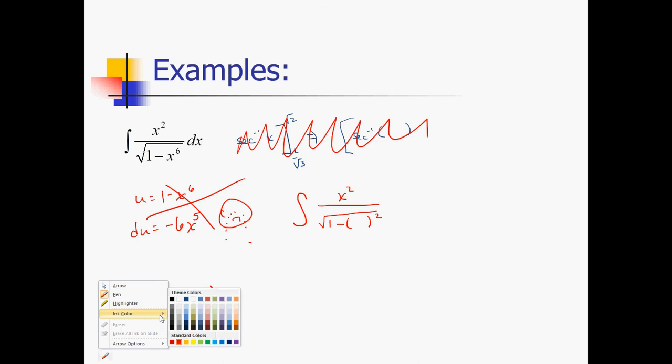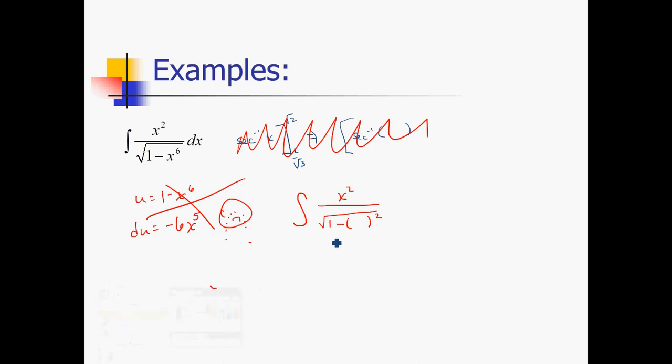Inverse sine is the square root of 1 minus something squared. Well, how can you rewrite x to the 6th? That's right, x cubed squared, and things should start to fall together now, right? Oops, I forgot my dx, didn't I? Ugh, terrible at that.